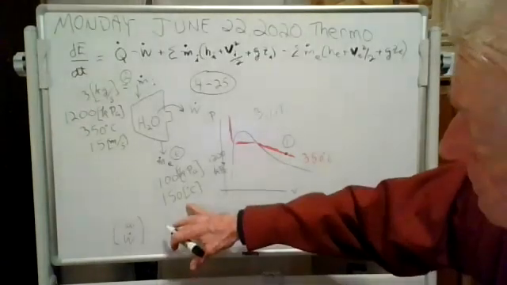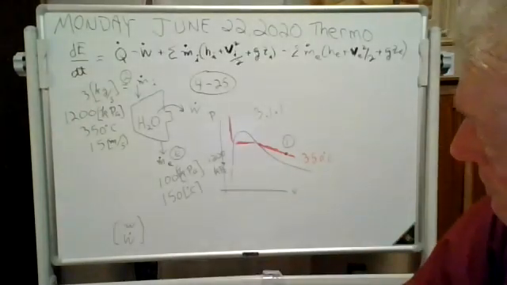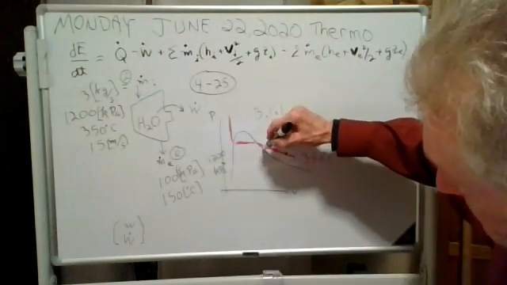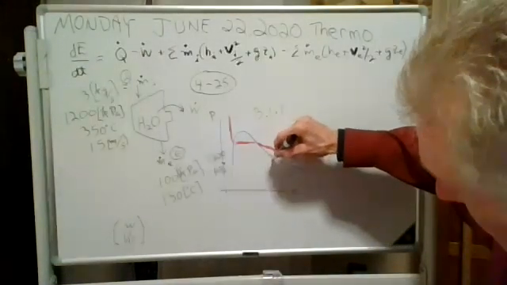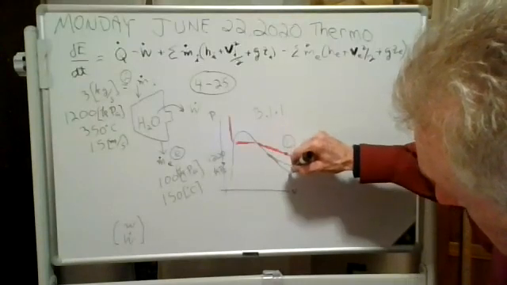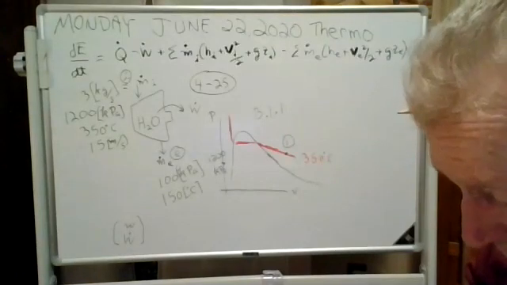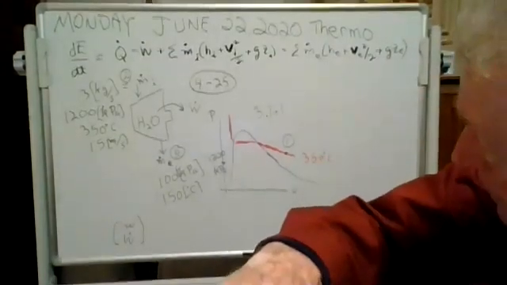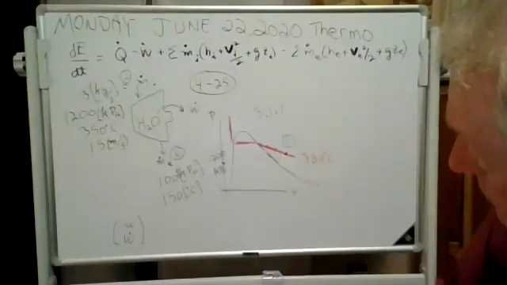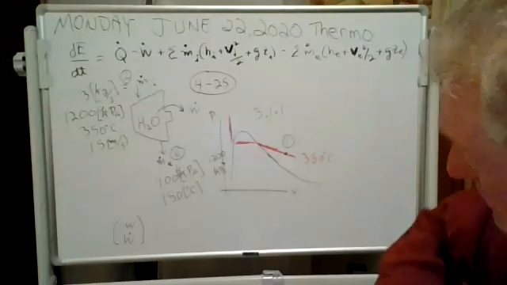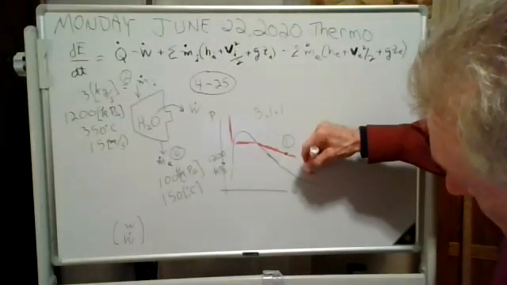Well, it's 150 Celsius. Where is that? Let me fudge this a little bit. We'll put 150 in here. You know what? 150 is colder than 350. It's down here someplace.